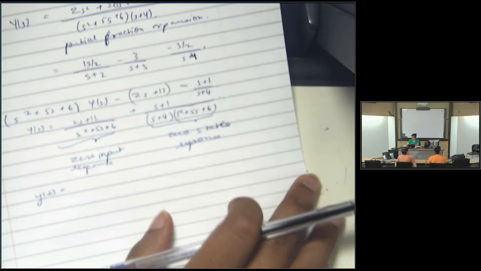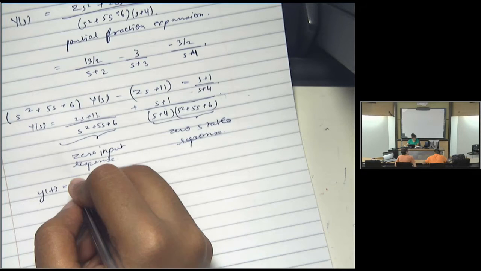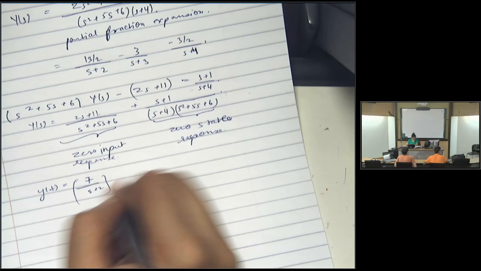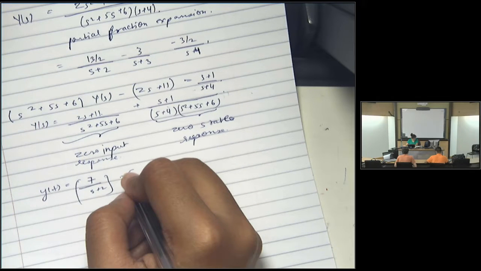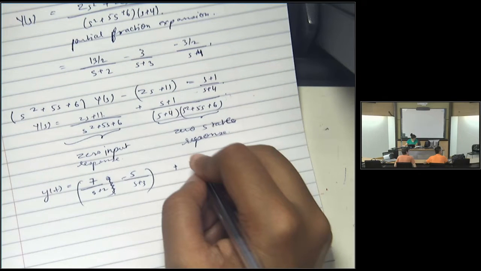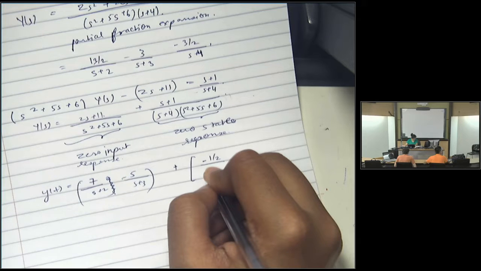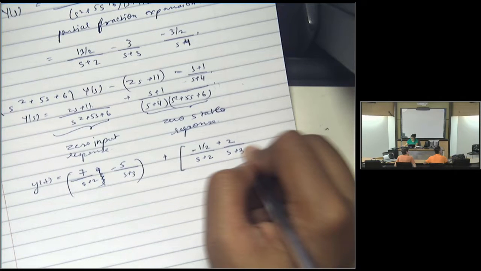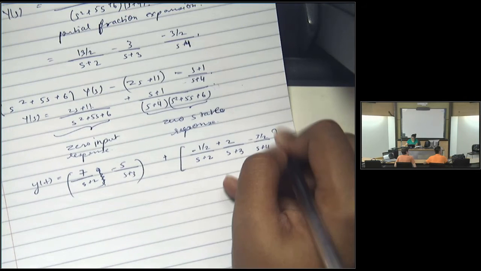Okay, next we'll go on to... I'll just finish up writing this thing. So it's (7s+2)/(s+3)... minus 5/(s+3) plus minus 1/(2(s+2)) plus 2/(s+3) minus 3/(2(s+4)).